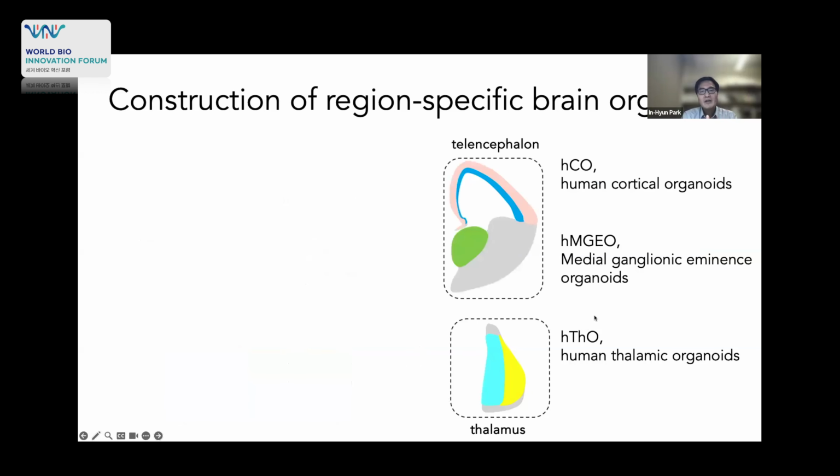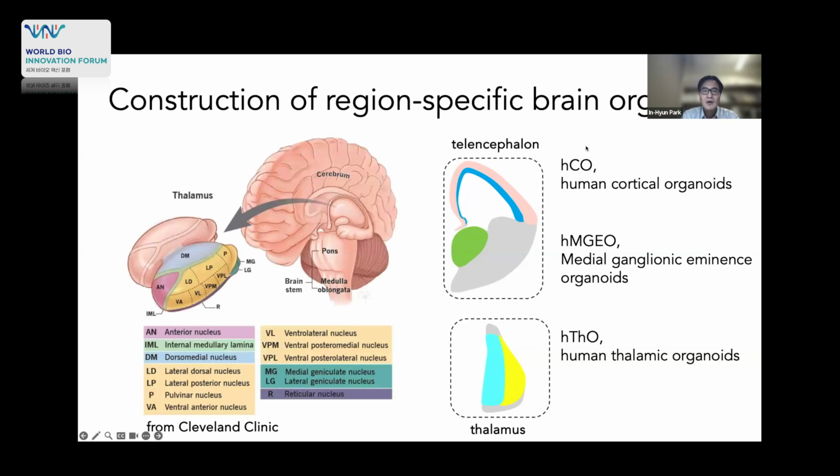While we were working on this kind of assembloid, we thought that maybe we could further define really small areas of the brain region. For example, although I introduced cortical organoid, MGE organoid, and thalamic organoid, if you look at the human brain and animal brain as well, the cortex is really complex.